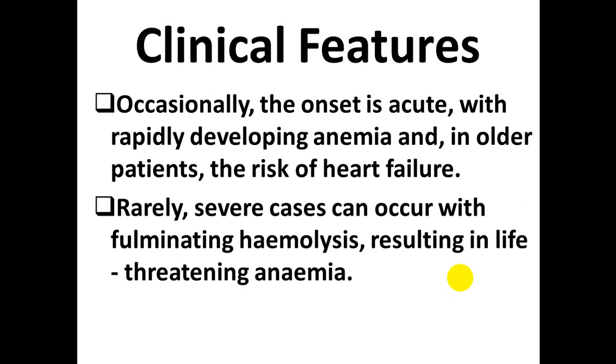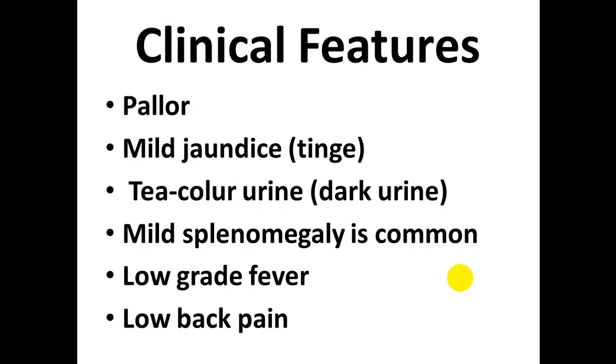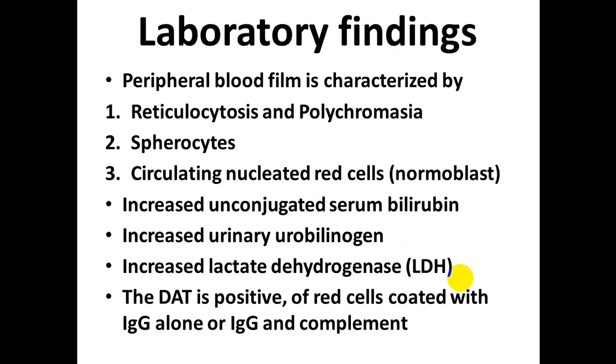Rarely, severe cases can occur with fulminant hemolysis resulting in life-threatening anemia. Signs include pallor, mild jaundice or a tinge of jaundice, not deep jaundice, tea-colored urine, mild splenomegaly, low-grade fever, and low back pain.